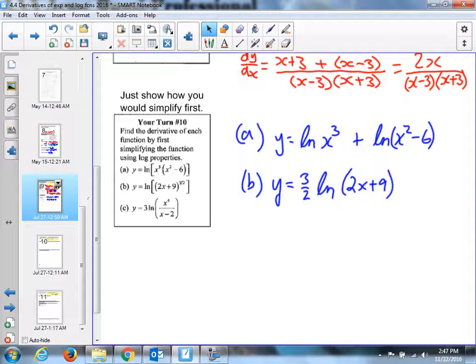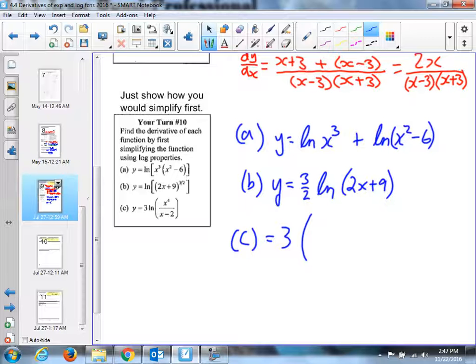Then what? How could you simplify with the next one? 3, and then subtract. You could distribute the 3 if you wish. You don't have to. I'll just show it as a first step, and then you could choose if you wanted to.